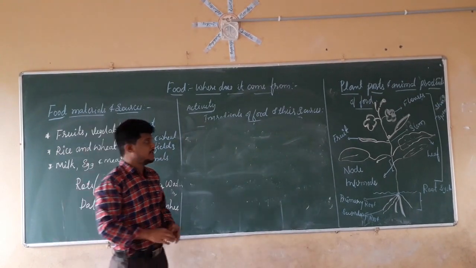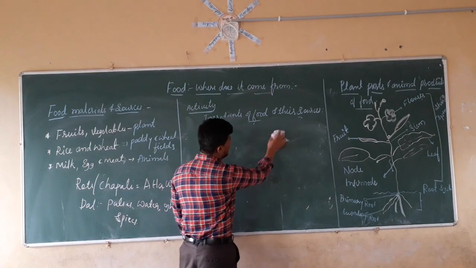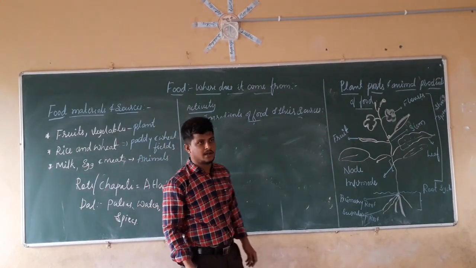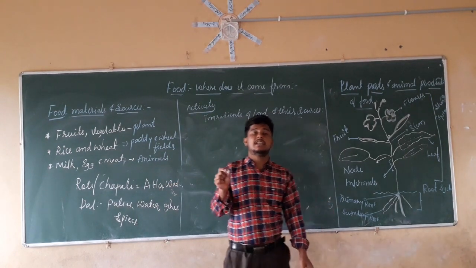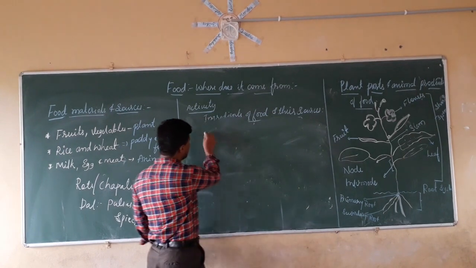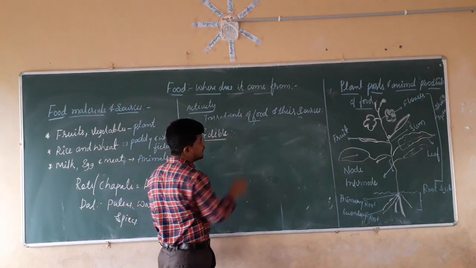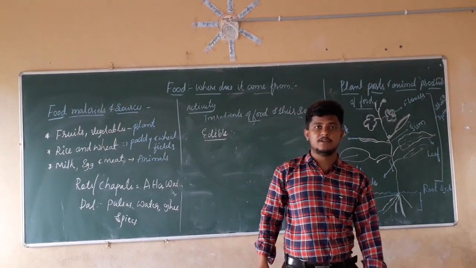Another thing: all the food items coming from plants, we can't eat all of them. The only edible part is the eatable part. The edible part only can be used for eating, not all the parts of any plant.